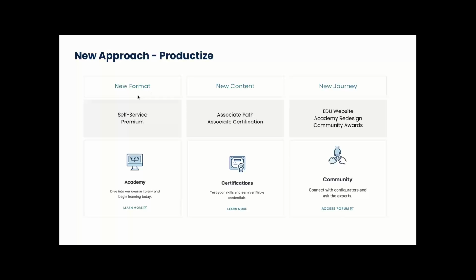As far as new formats, we introduced self-service versus premium. I'll talk a little bit more about what that means. We introduced the new associate path certification as far as new content. In general, by the way, we have 3 levels. We have associate, expert, and master.